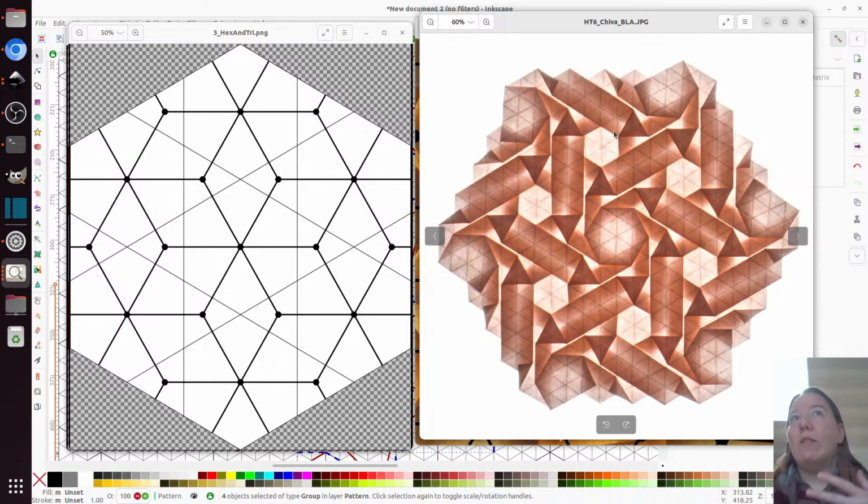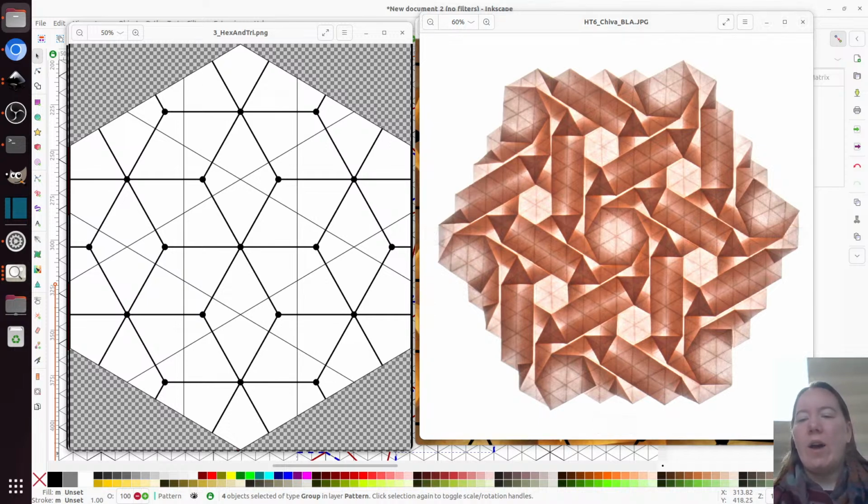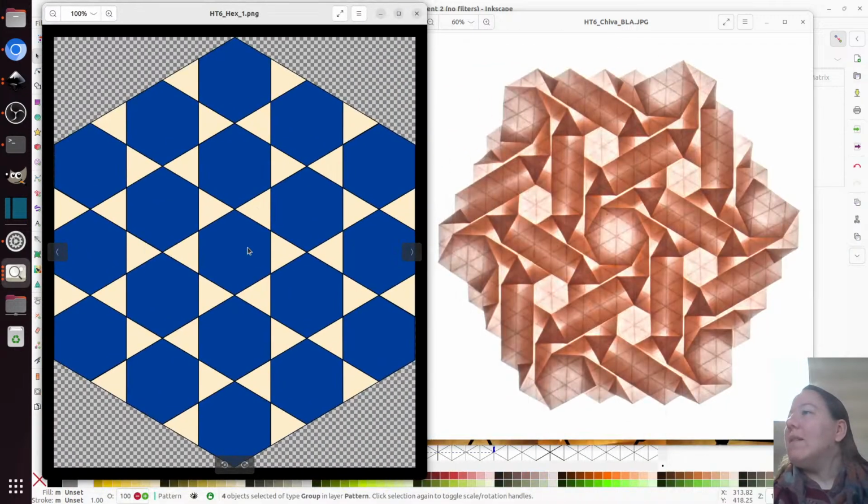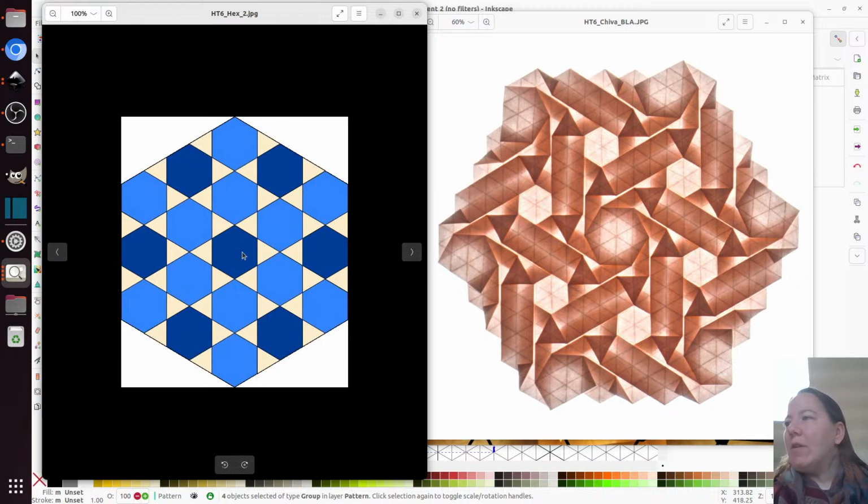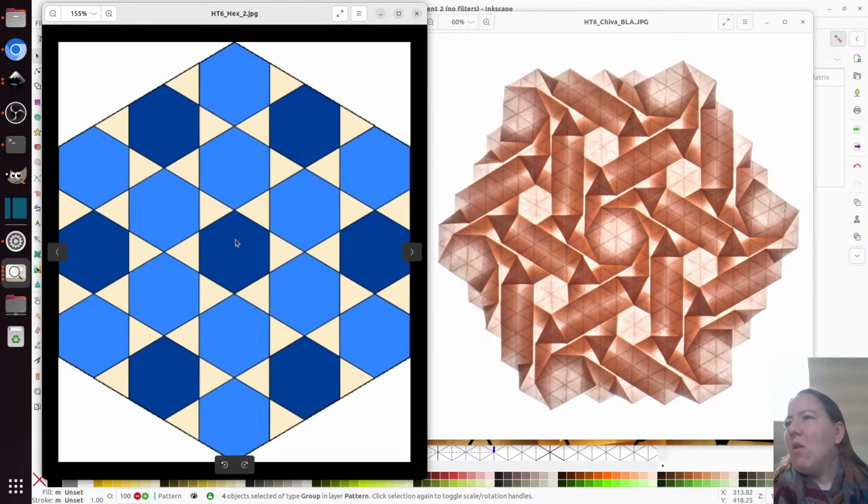Now I've changed where my symmetry positions are in the tiling. So instead of having my tiling with, and here we go with the coloring, so instead of having my tiling with this coloring, where every hexagon is the same, every triangle is the same, I'm using this coloring, where the central hexagon is one twist.